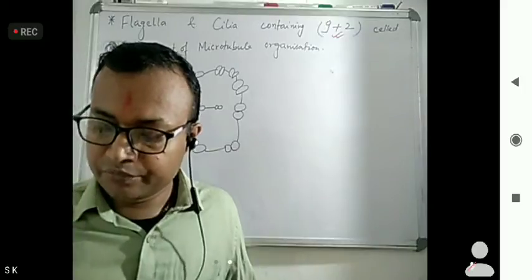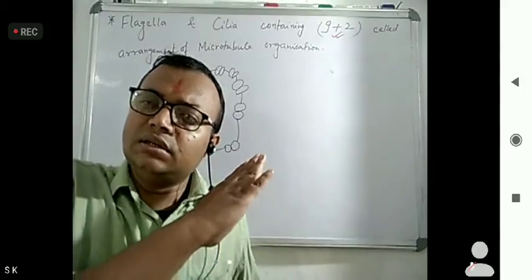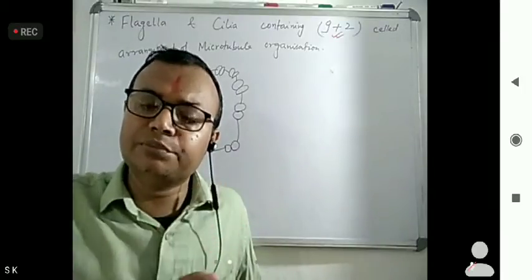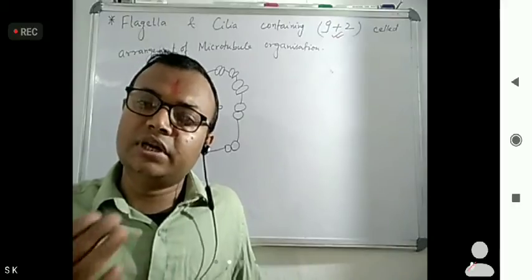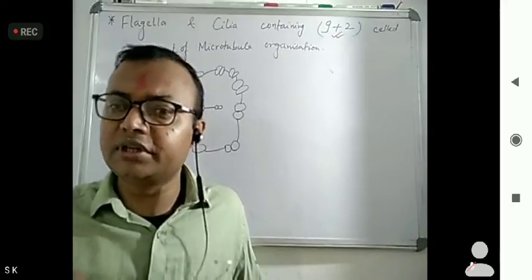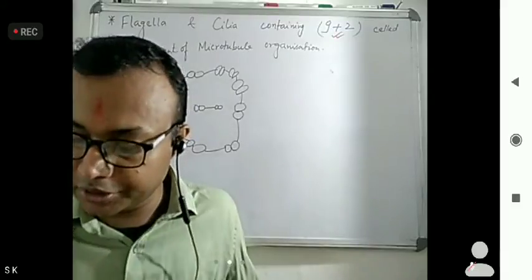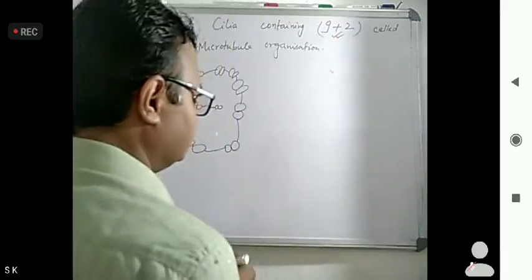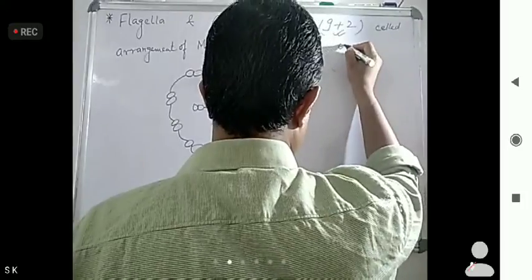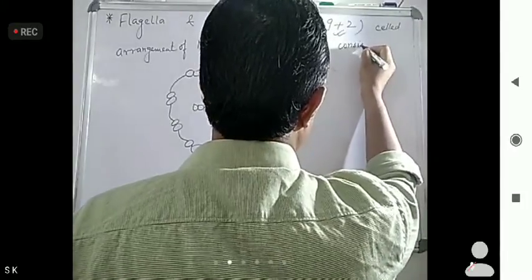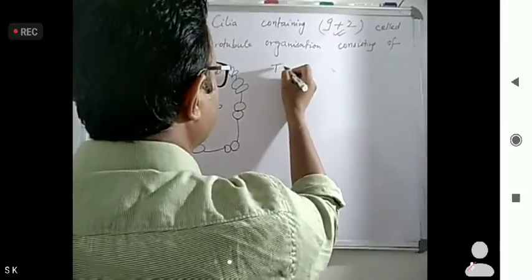Okay, now this microtubule arrangement that is happening, that is made up of which protein? That protein you have to remember, it is tubulin protein. So the organization consists of which protein I told?